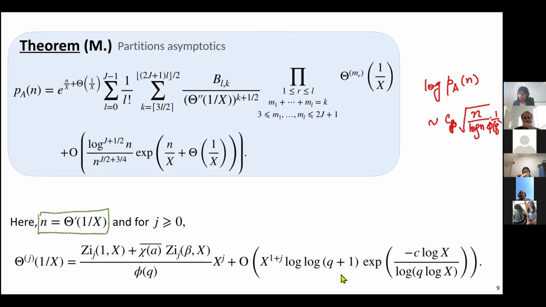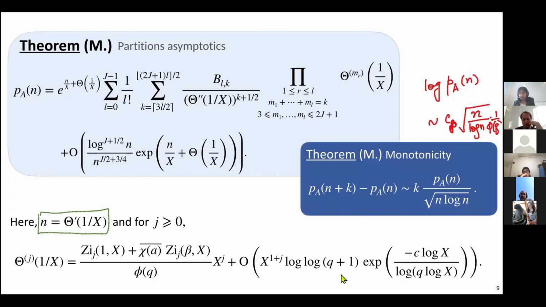Lastly, I mentioned something about the monotonicity of Bateman and Erdős. Using their result, we can show that our function will be monotonic and will be going to infinity, but we don't know how fast it will go to infinity. But using our proof, we can actually show that it is also exponential. Even the difference is exponential. So the difference is also going to infinity exponentially fast, because this is true because of p sub a n being of this type here, and the square root of n log n in the denominator doesn't play that much of a role.